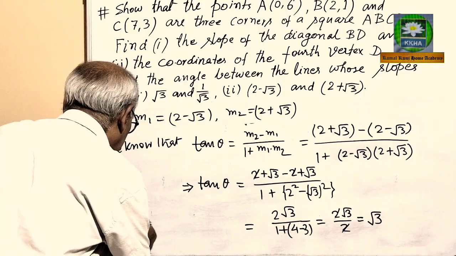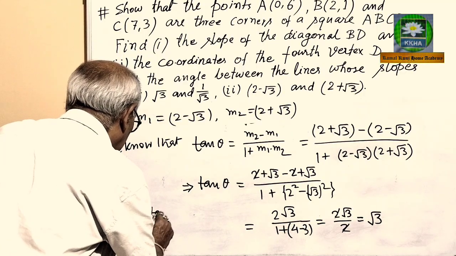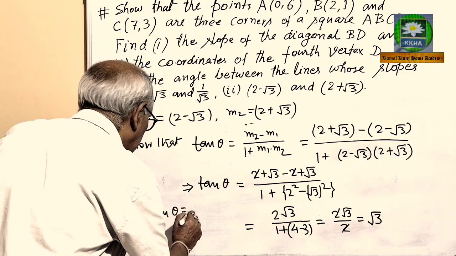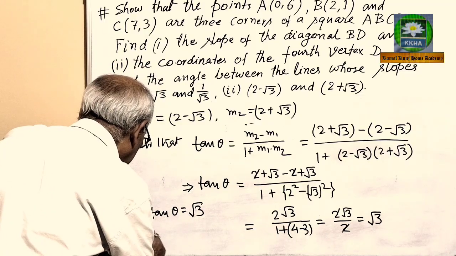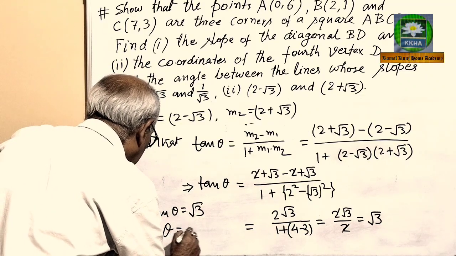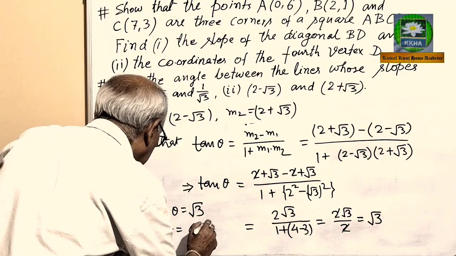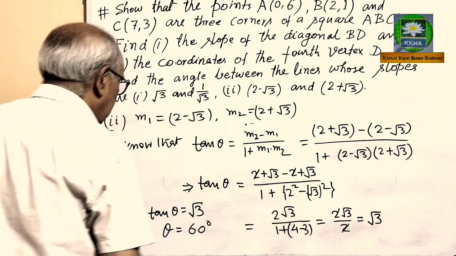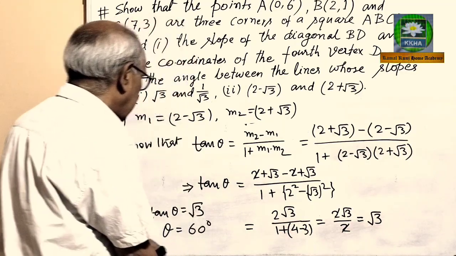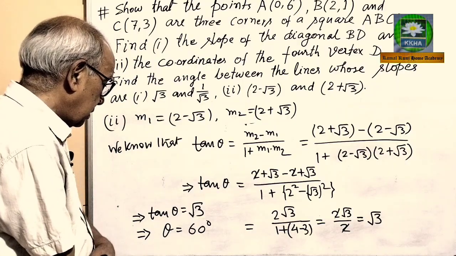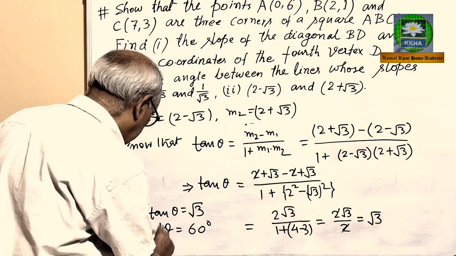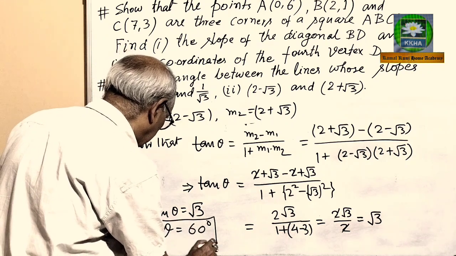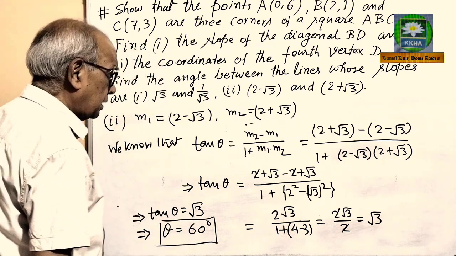This implies that tan theta is equal to root 3. This implies that theta equal to 60 degrees, because the value of tan theta is root 3 if theta is 60 degrees. So the value of theta will be 60 degrees.